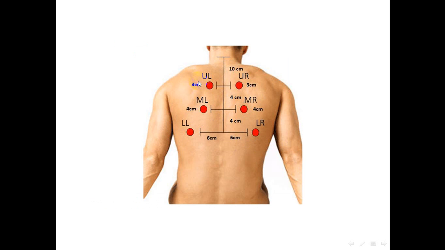Auscultate from one side and then the other to compare. Then go downward to the middle right and across to the left, then downward to the left and across to the right. This way is better and saves time during auscultation.